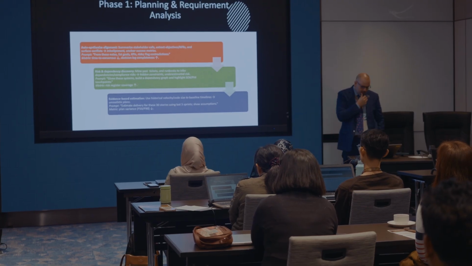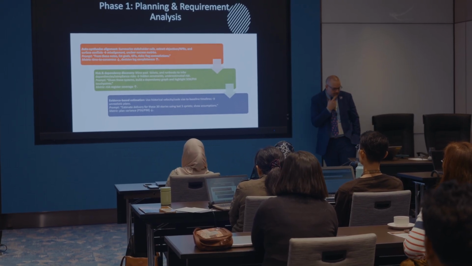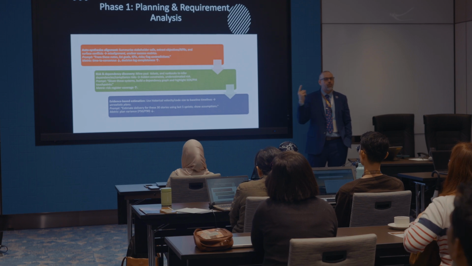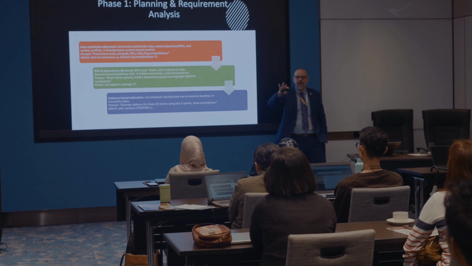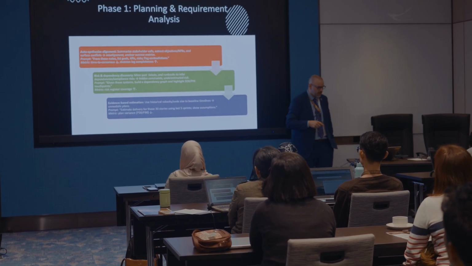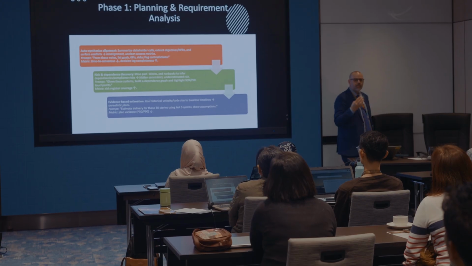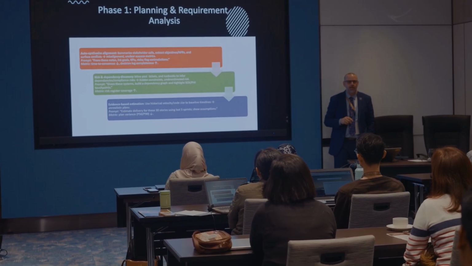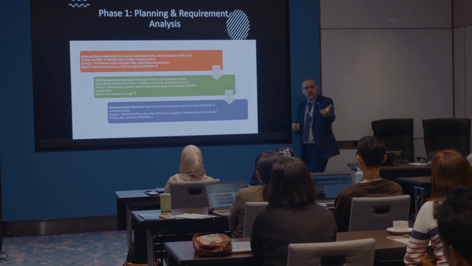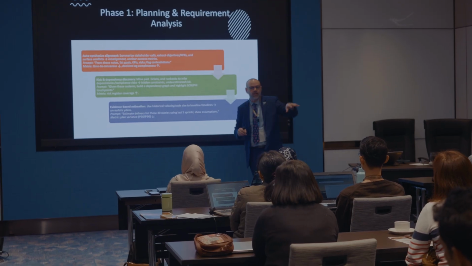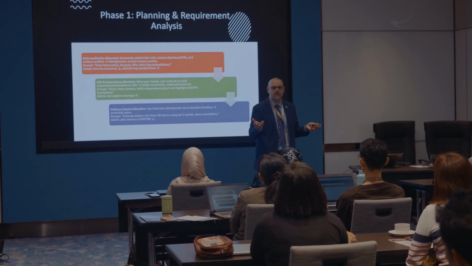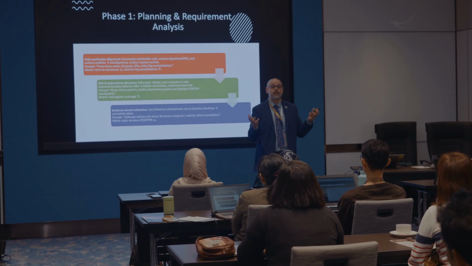So the first thing we have is to auto-synthesize alignment. So the problem that this would solve with AI and how we could address that is looking at the misalignment between stakeholders. Again, if I were to ask everyone here what your favorite drink is, I'd probably have a lot of different answers.